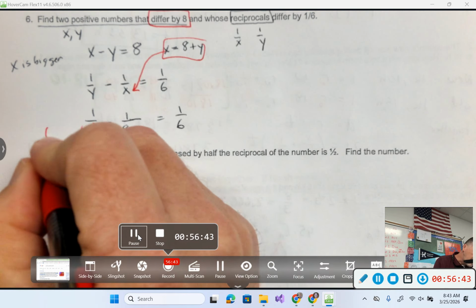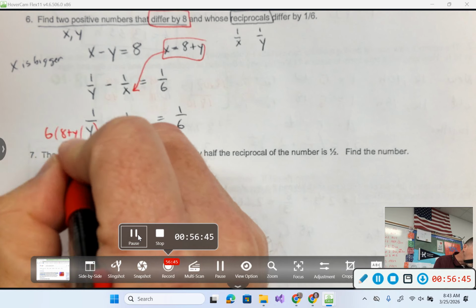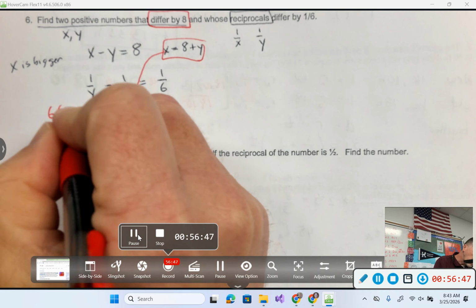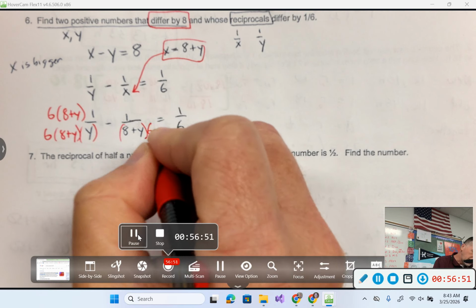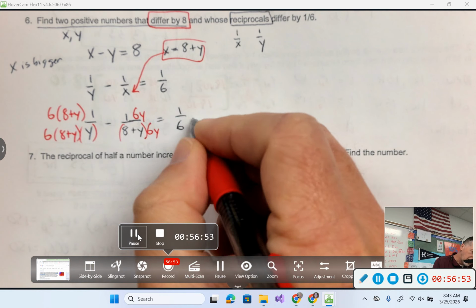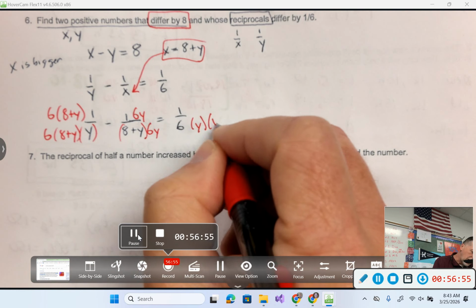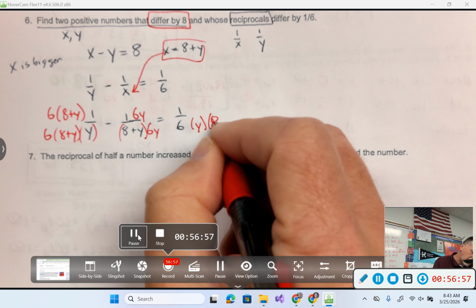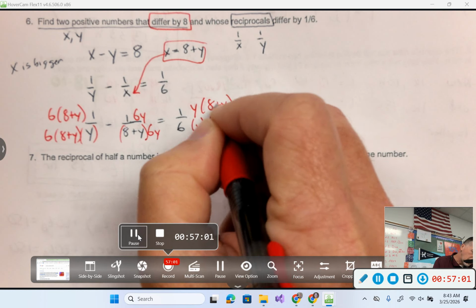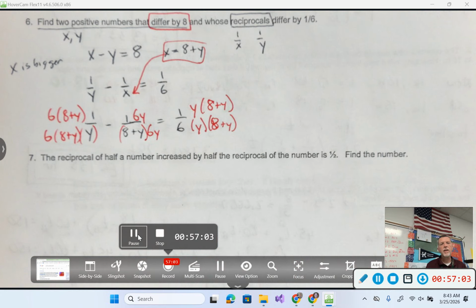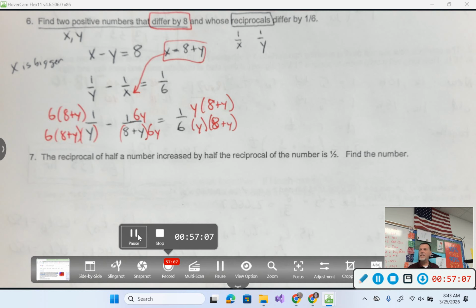So this guy needs a 6 and an 8 plus y. This guy needs a 6 and a y. And the last one needs a y and an 8 plus y. All right, that's the junk it up step of the problem.